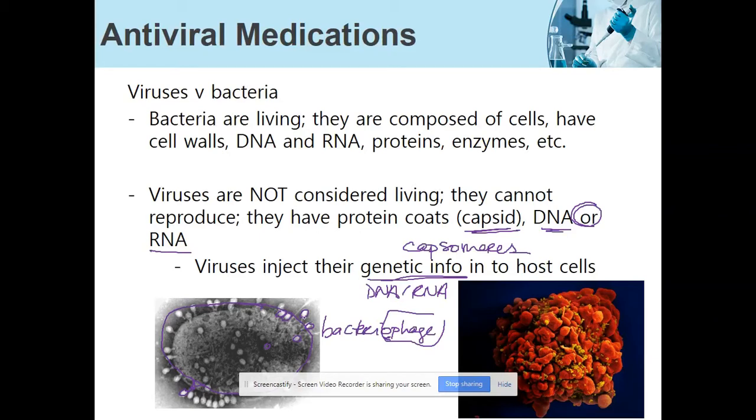What they do is they bind to receptor proteins on the cell wall of the bacteria, and then the DNA from the virus is secreted out of the protein coat down into the host cell. That DNA is then incorporated into the DNA of the bacteria cell, and the bacteria starts making all kinds of virus stuff.